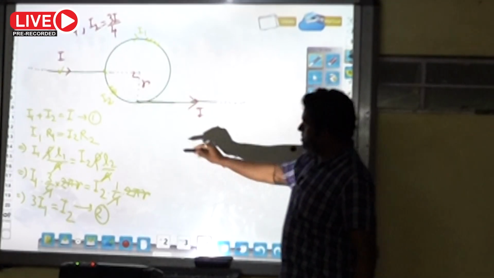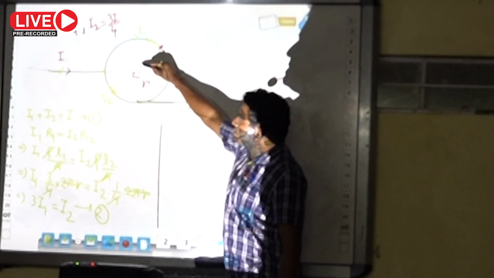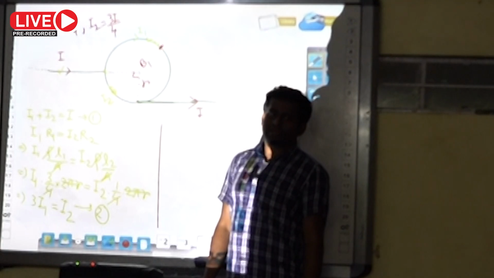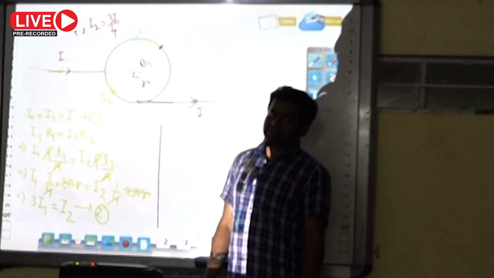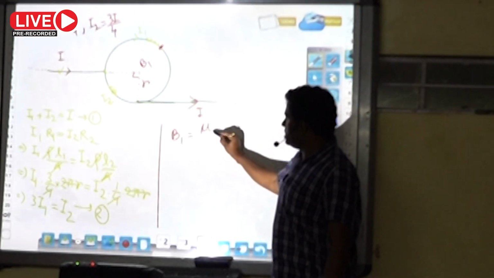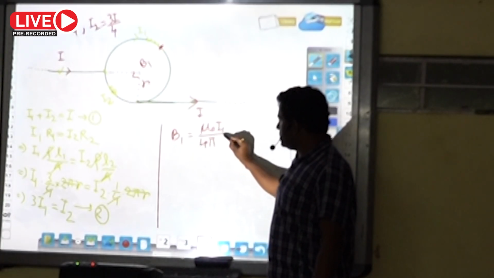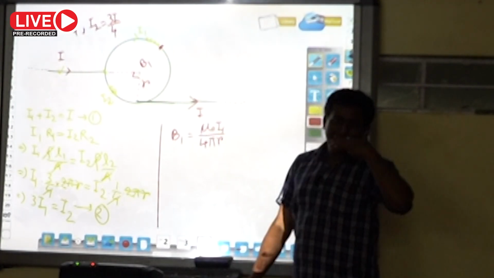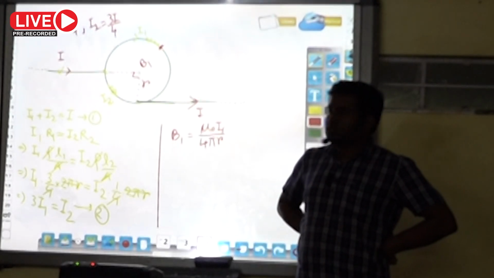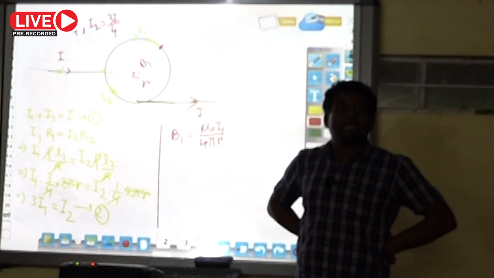Now let us consider this upper portion of the wire produces a magnetic field at the center, that is B1. So I write B1 equal to mu naught I1 by 4 pi r, because in the upper half the current is I1, into the angle subtended at the center by that arc.